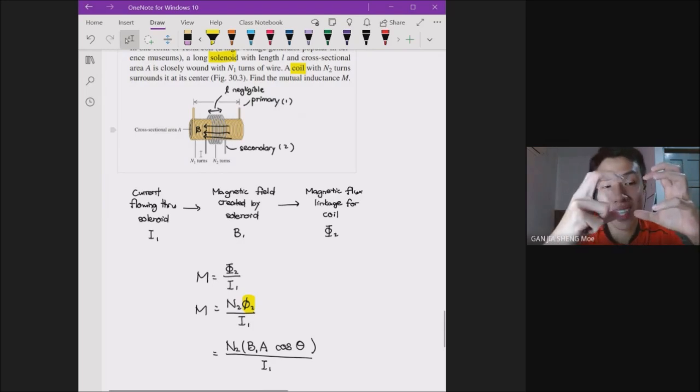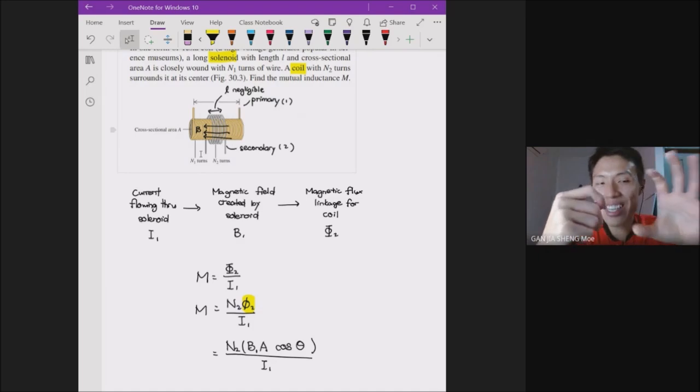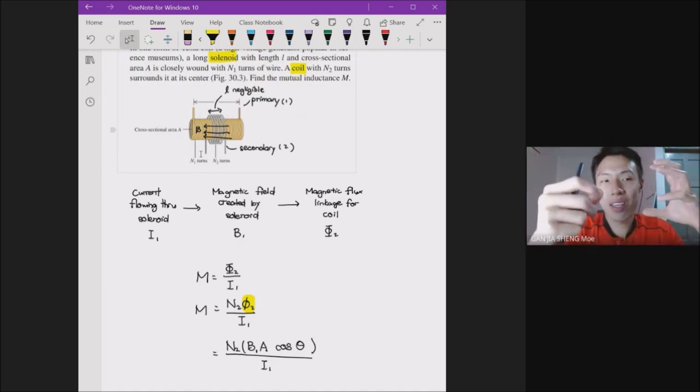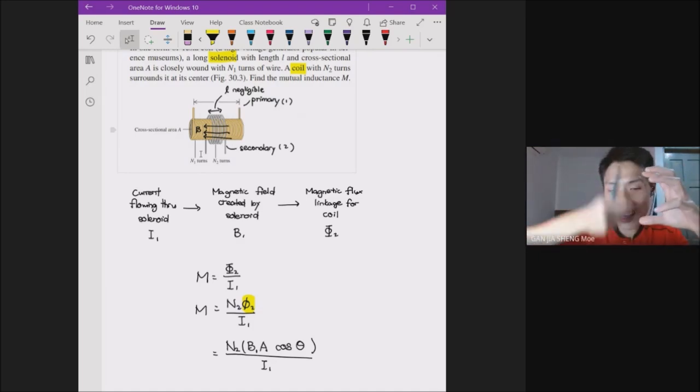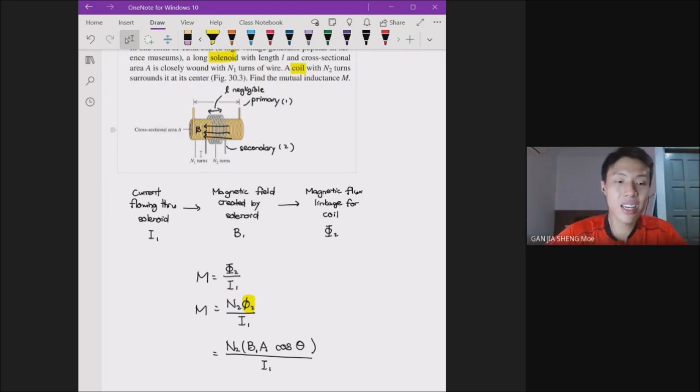That's why they wound the second one slightly larger. But technically they are trying to show a diagram where it's wound at the same radius. So in this case, the whole secondary coil is going to experience the magnetic field.